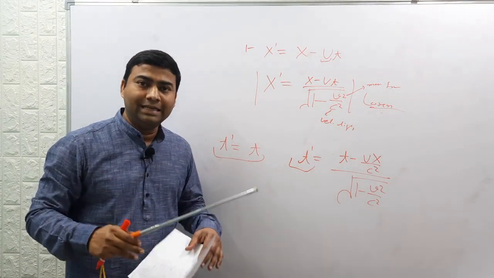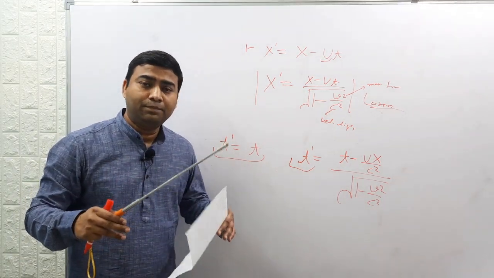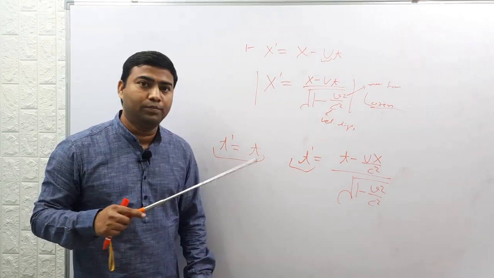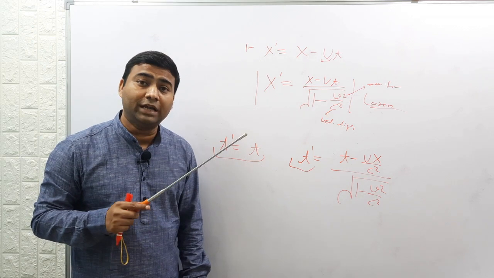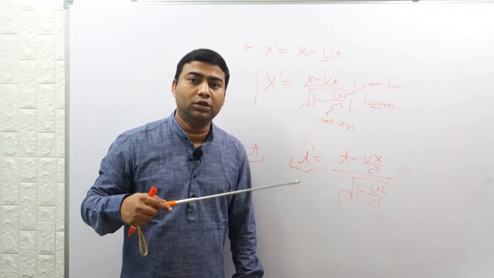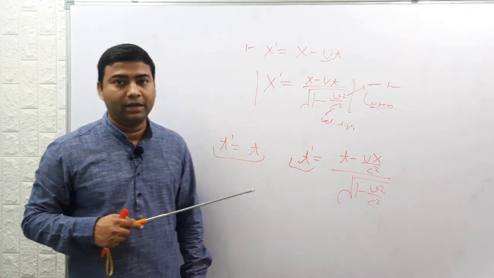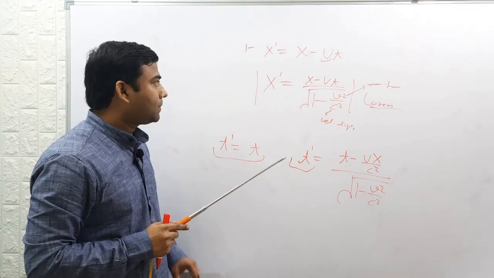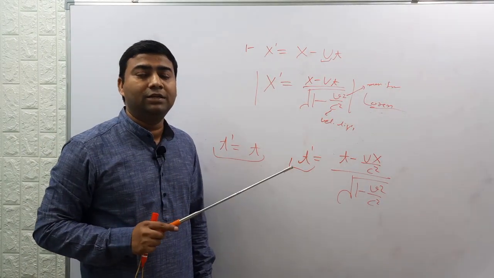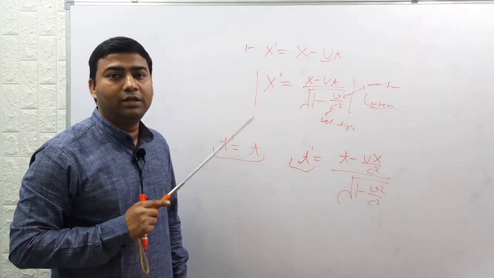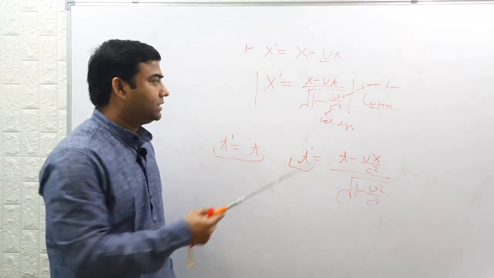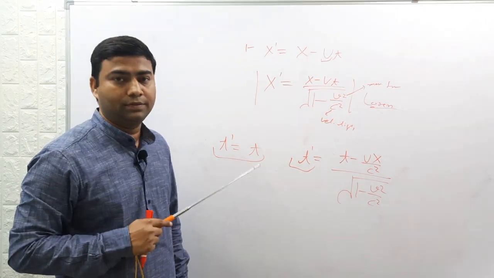So in Galilean transformation, time and position are absolute, whereas in Lorentz transformation, time and position are not absolute. This Lorentz transformation is used in the theory of relativity given by Albert Einstein. I am just explaining that Galilean transformations are valid only for smaller velocities. When velocity is comparable with light, Lorentz transformations are used.